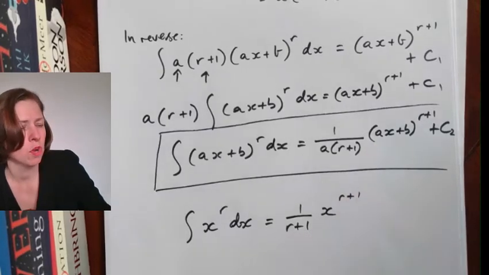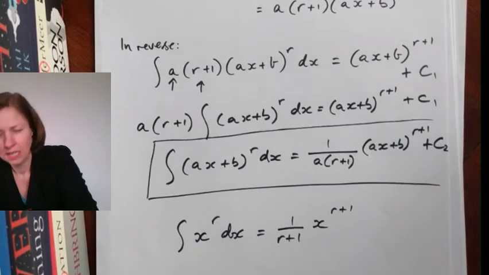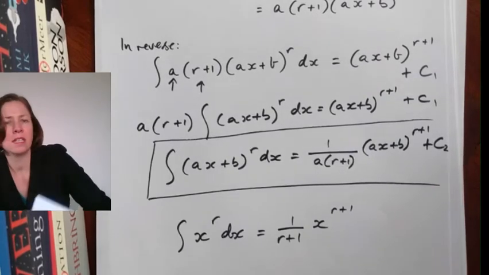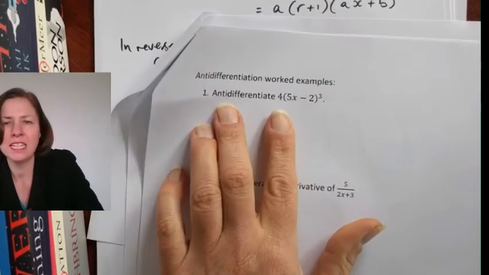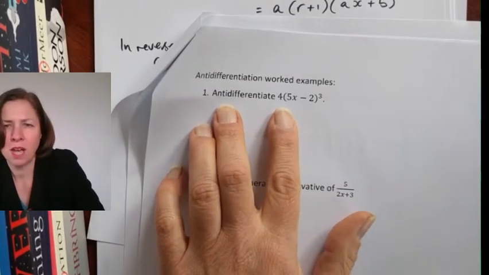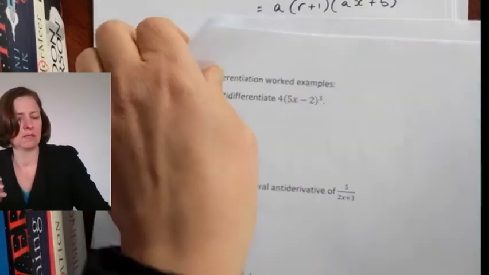So let's do one worked example. And the worked example that I'm going to look at is this one here. I'm going to anti-differentiate 4 times 5x minus 2 all cubed. So let's look at that.